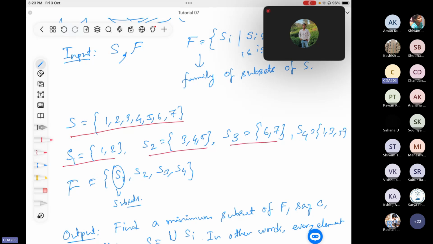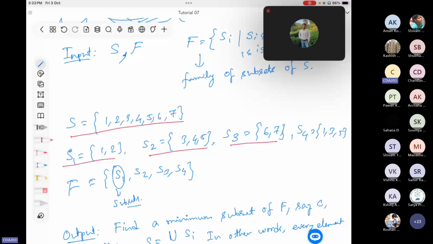If you take the union of these three sets, S1, S2, S3, that would be equal to the set S, right? So this means that every element of S is in at least one of these sets, either in S1, or in S2, or in S3.